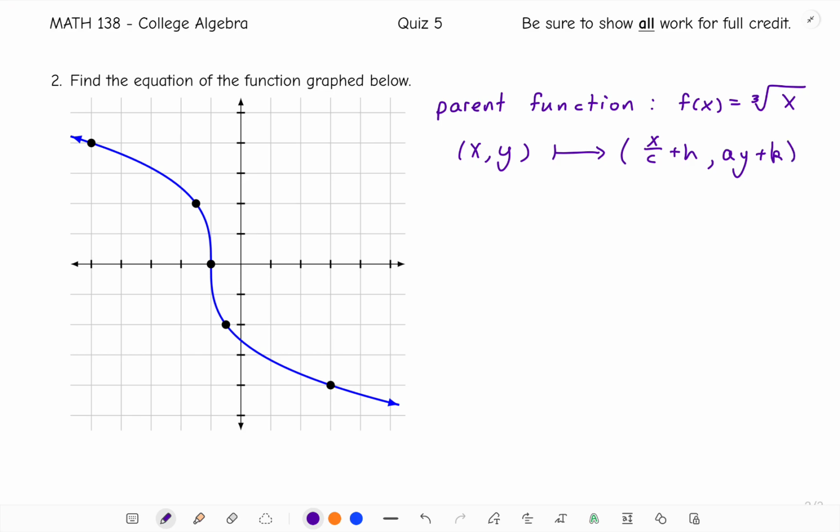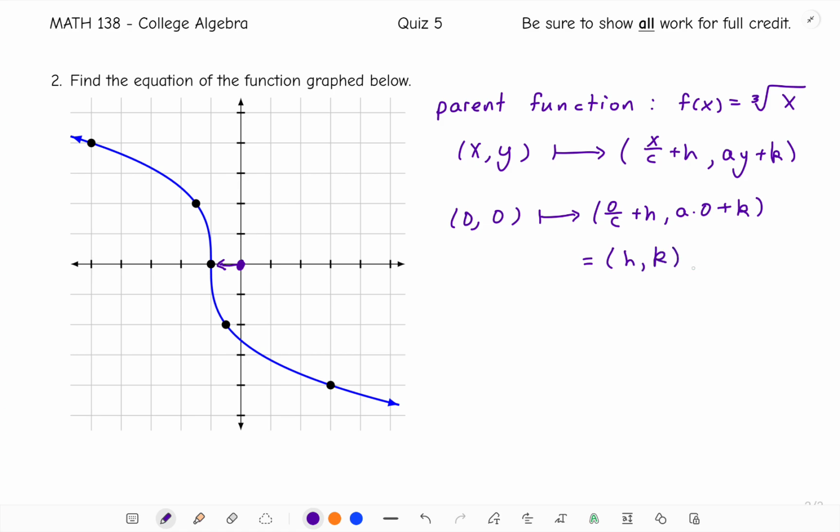Now we did have 3 points for the cubed root function. The first point I'm going to examine is 0, 0. So 0, 0 would normally be here. That's getting mapped to the point -1, 0. Well, according to the formula, this gets mapped to 0 over c plus h and a times 0 plus k, which is h comma k.